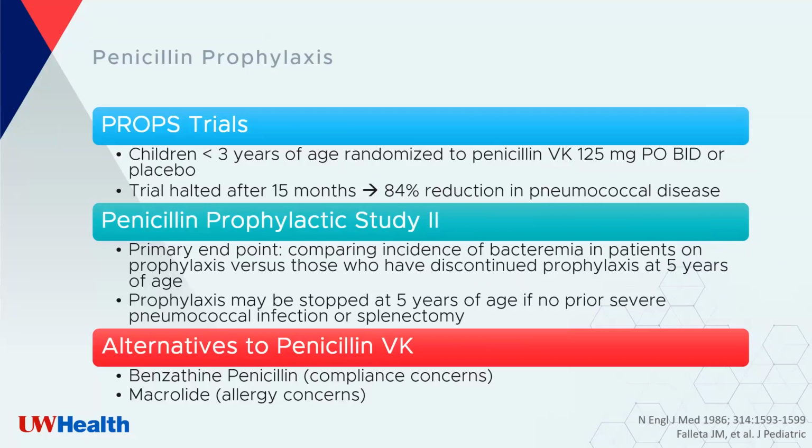And what this really told us was, children with sickle cell anemia who have not had prior severe pneumococcal infection or splenectomy and are receiving comprehensive care should safely stop prophylactic penicillin therapy at 5 years of age, in contrast to continuing prophylactic penicillin.